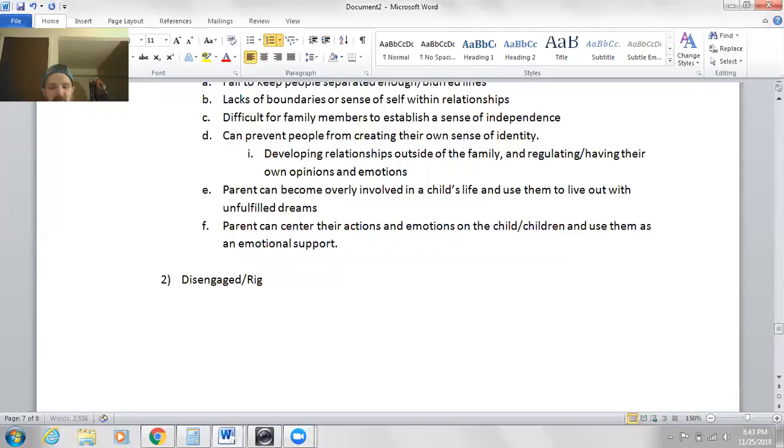And then the second is disengaged or rigid. And with that, what does this look like? So boundaries are extremely rigid, or there is little room for people to be involved.